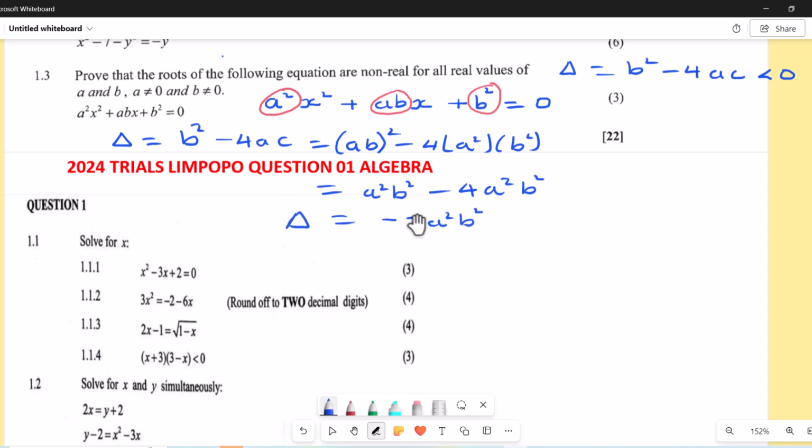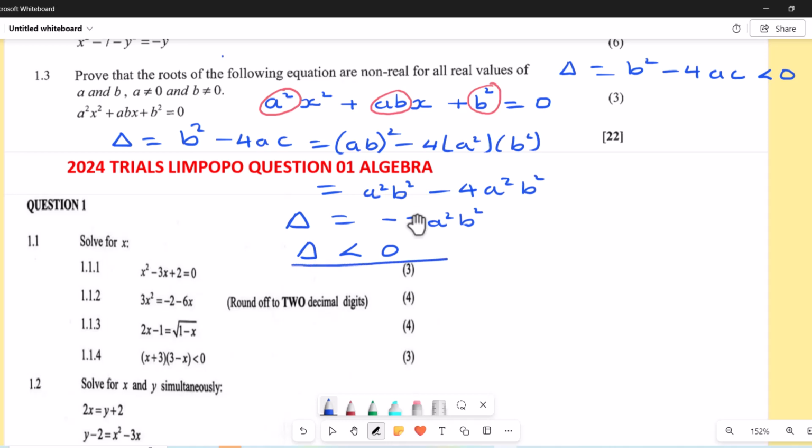Because of the squares, whatever number we put for a and b, and then square it, if it is negative, squared will give us positive. So the discriminant is going to be a positive value multiplied by negative 3. In that case, the discriminant will always be less than 0, and hence the roots will be non-real.